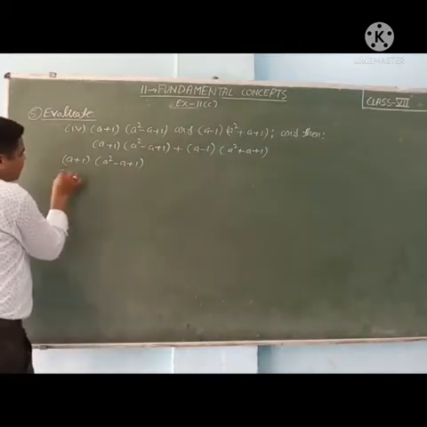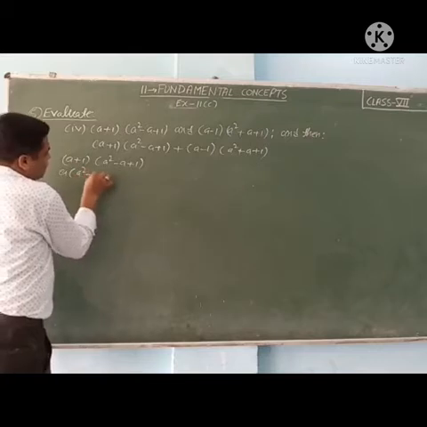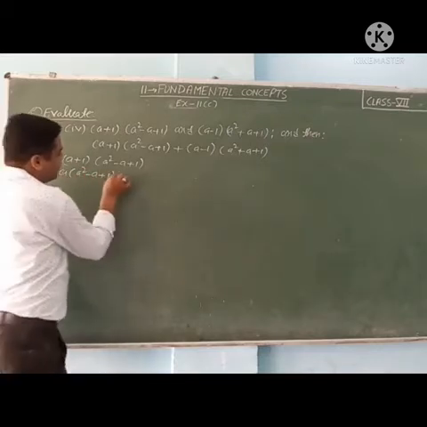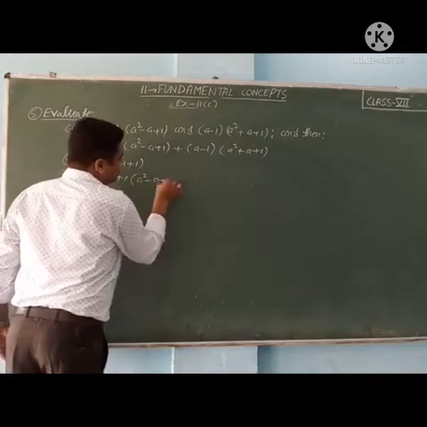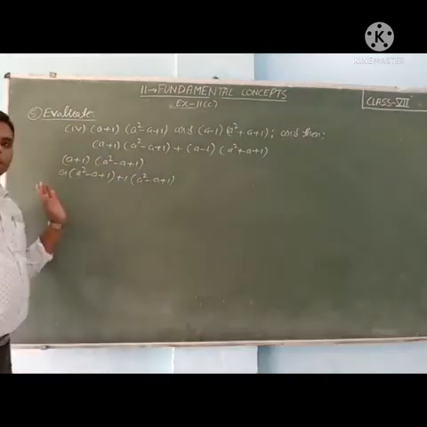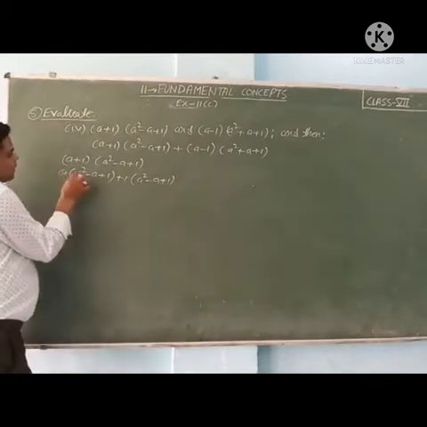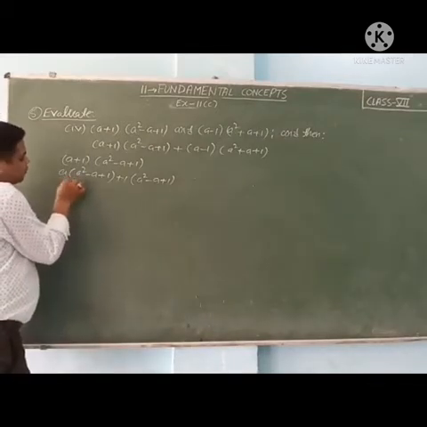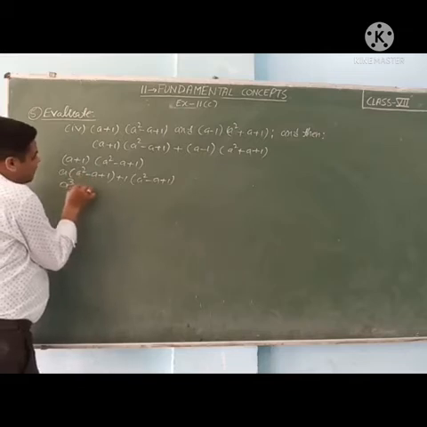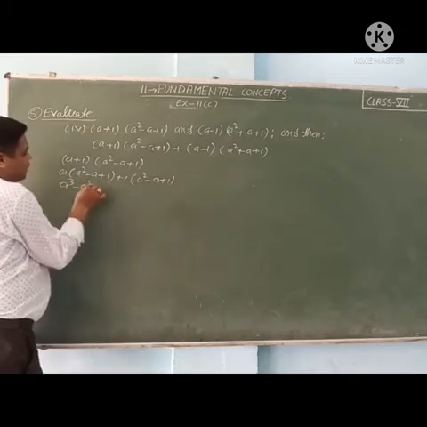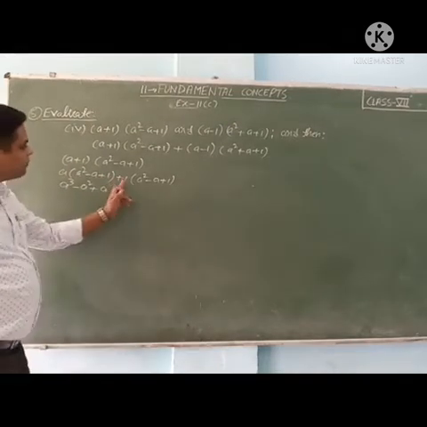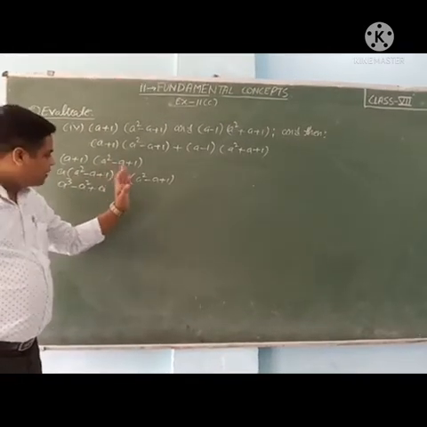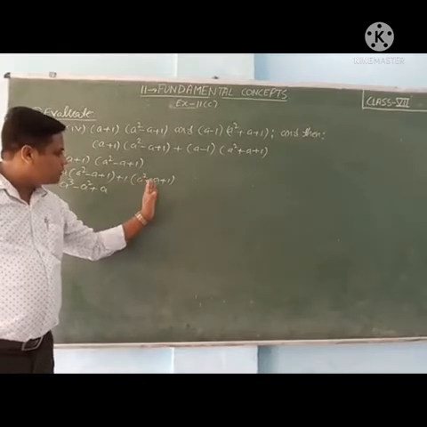So this a, then a square minus a plus 1, then plus 1, a square minus a plus 1. So we will do the multiply. A times a square is a cube, then minus a square, then plus a, then there is plus 1 and a square minus a plus 1.